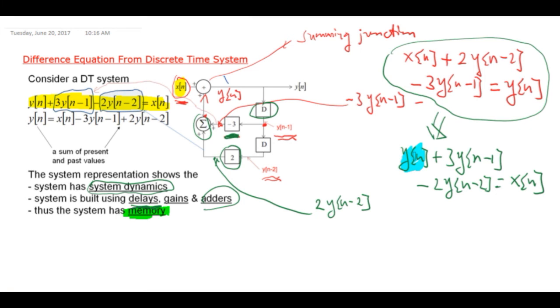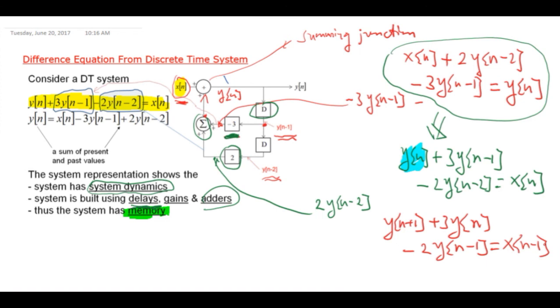In this particular case, you can imagine that x[n] gives you y[n]. Then if you change it into y[n+1], then we change everything, it becomes y[n+1] plus 3y[n] minus 2y[n-1] equal to x[n+1].